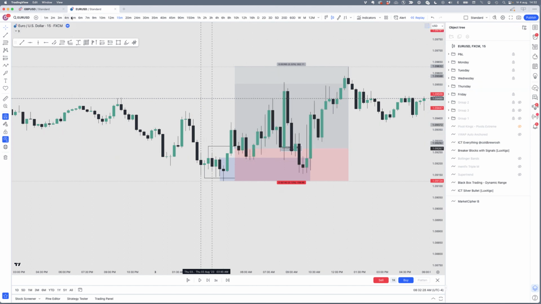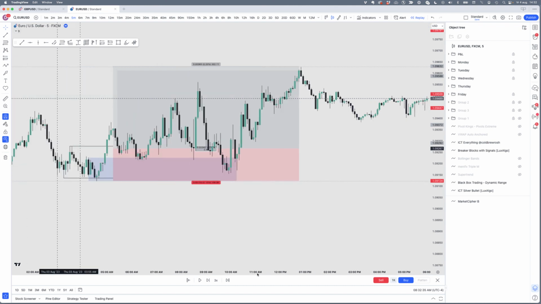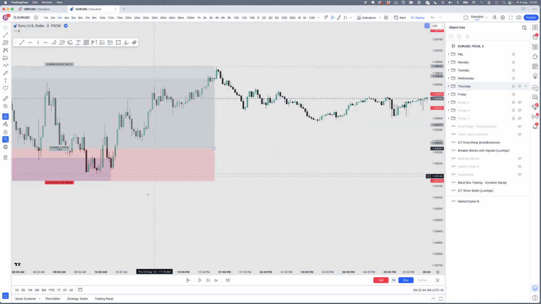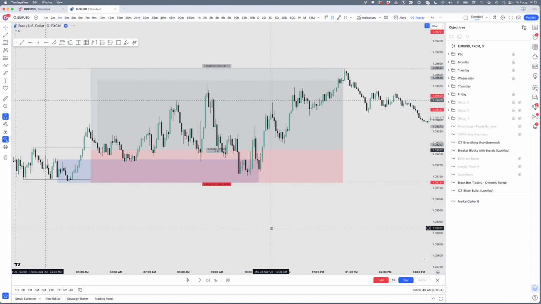So then I saw a second entry, and I think it might be on the 5-minute or even a time frame below. It came back, yeah. I think it was when it broke structure again here and it got into this fair value gap. I can't remember again, but this is a way to add to your long.